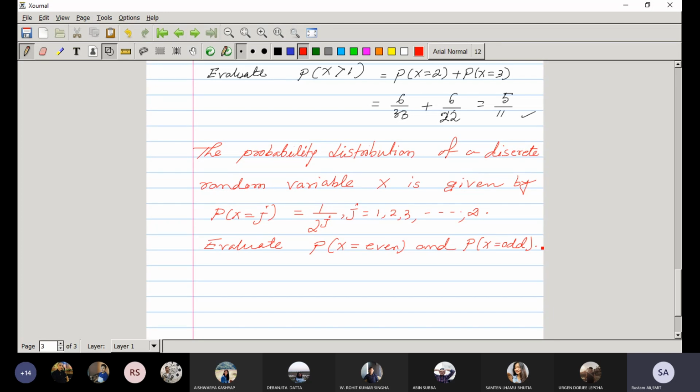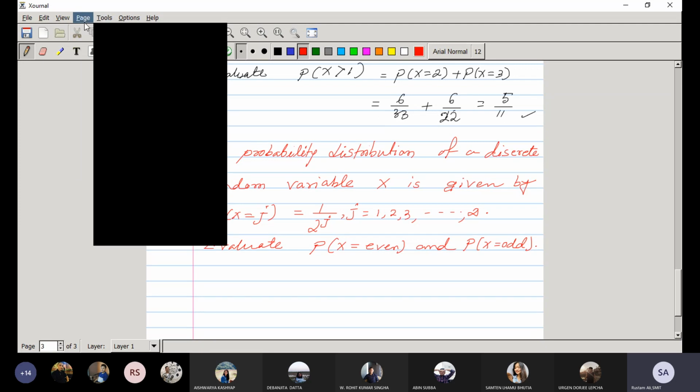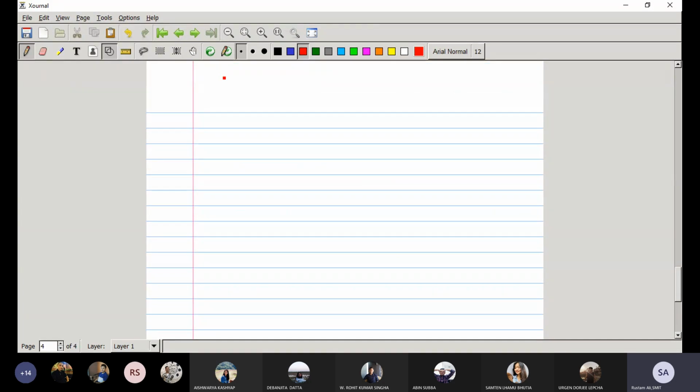So let us see what the distribution given here is, 1 by 2 to the power j. That is, probability x equal to 1 will be 1 by 2. Probability x equal to 2 will be 1 by 2 squared. Probability x equal to 3 will be 1 by 2 cubed. Probability x equal to 4 will be 1 by 2 to the power 4, and so on.